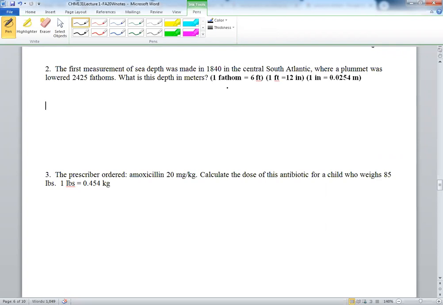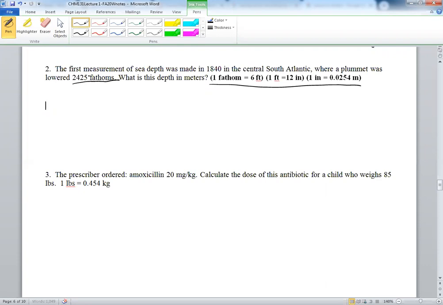So you're given conversion factors here. And let's begin. What is given? What is desired? What do we need? Well, if you read it, and reading is very critical in this class and in all of science, reading and writing, it says you are given 2,425 fathoms.